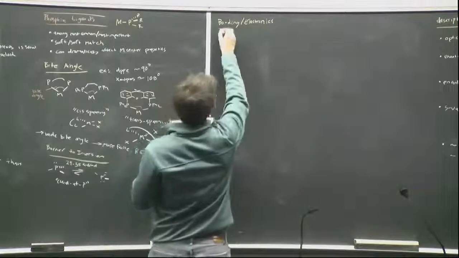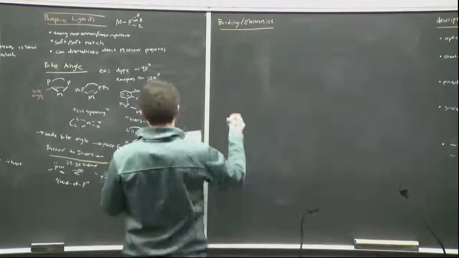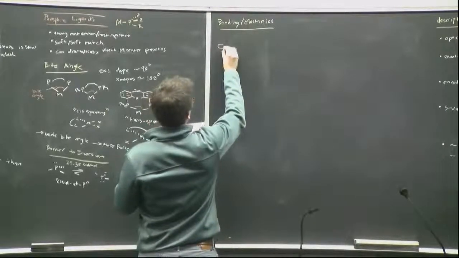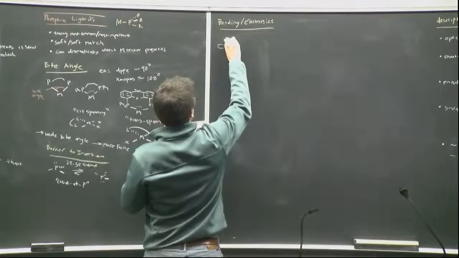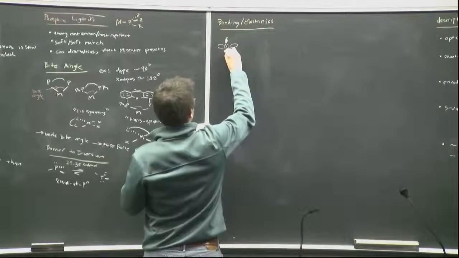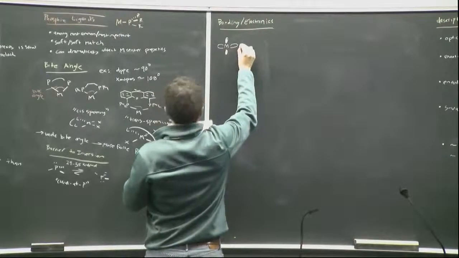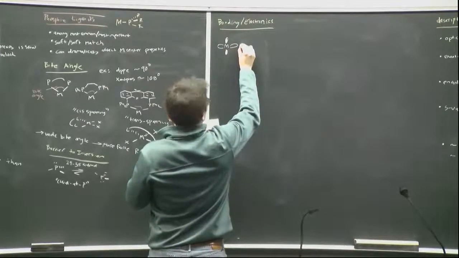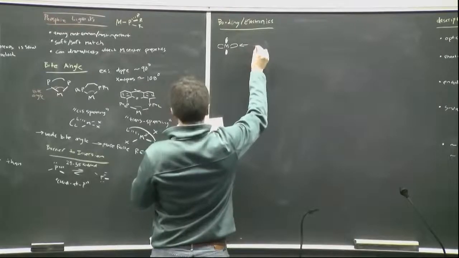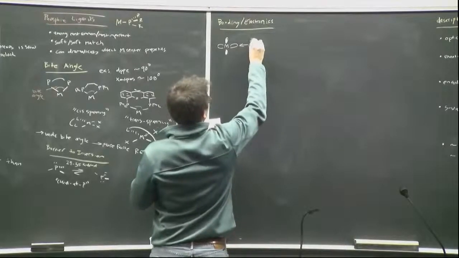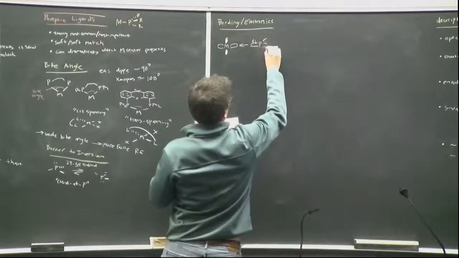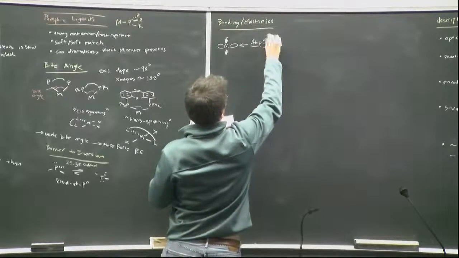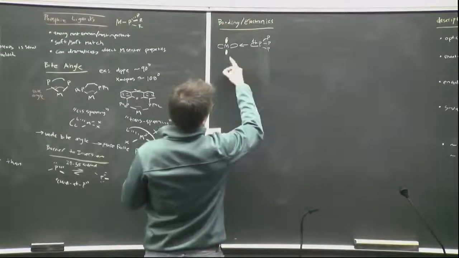And so we've seen before that phosphines are sigma donating, so that means they can donate the lone pair of the phosphine into an unfilled orbital of the appropriate symmetry on the metal.